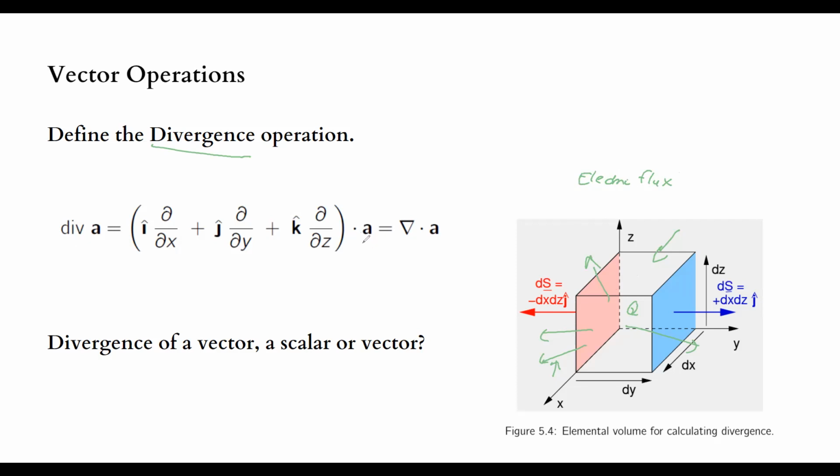Once we are given a certain field, which is defined using the function A, we can find the divergence by taking the dot product between the field and this term, right? This term is i hat times ∂/∂x, plus j hat times ∂/∂y, plus k hat times ∂/∂z.